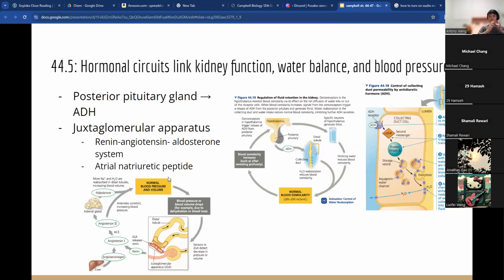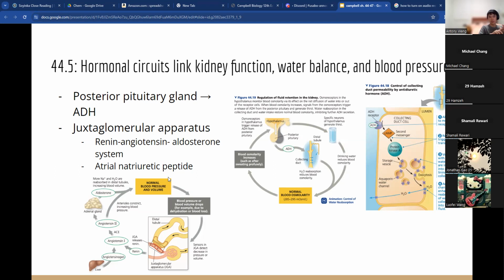That increase in blood volume will stretch the walls of the atrium. When the walls of the atrium are stretched, it will cause the heart to produce ANP. ANP will cause the kidneys to secrete water and salts into the filtrate.